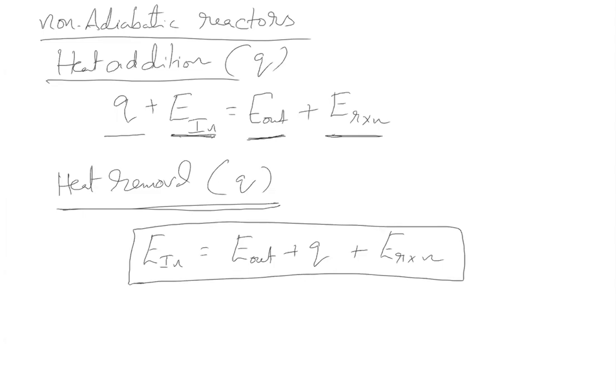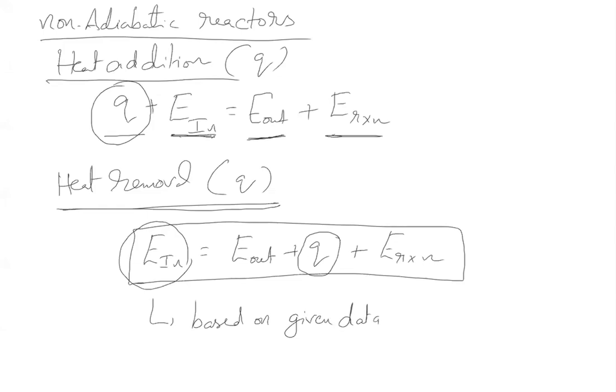When you are adding Q, you add it on the inlet side; when you are removing heat, you add it on the outlet side. But how do you write these enthalpies? Based on the given data in the question.